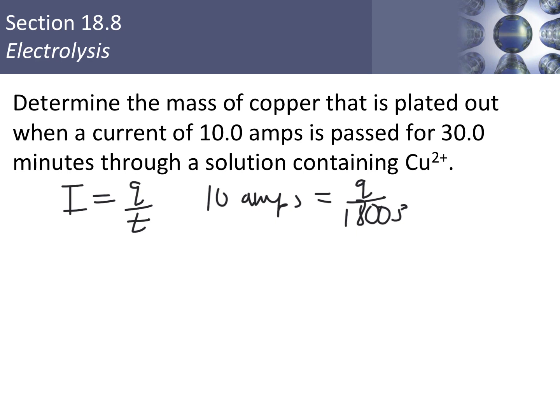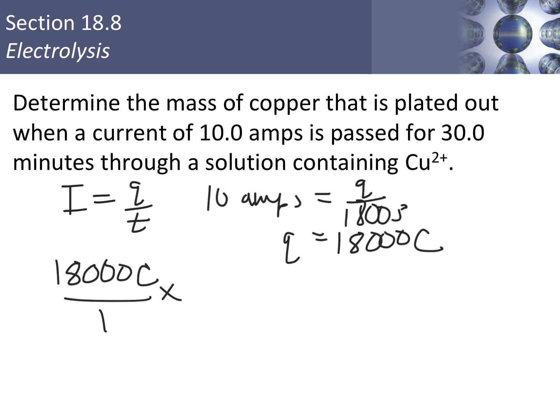So now let's do a little factor label. We have 18,000 coulombs, and the Faraday constant is 96,485 coulombs per mole of electrons.